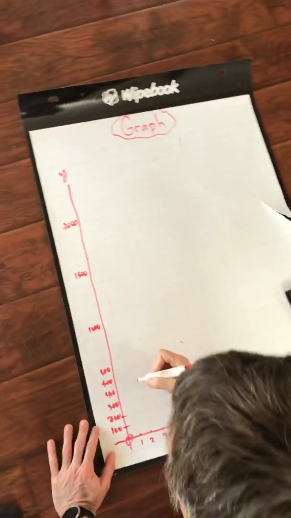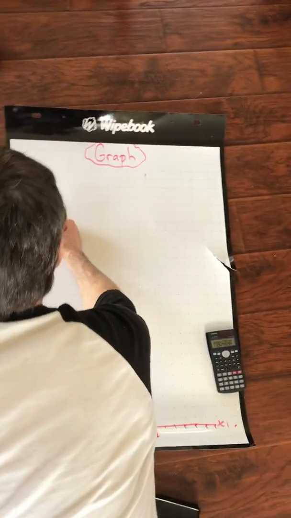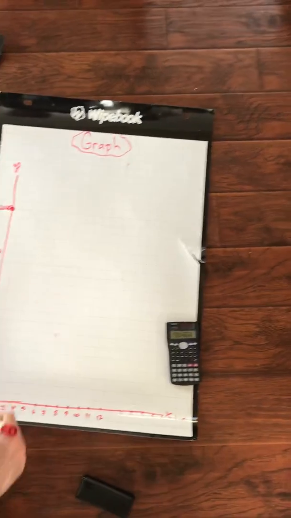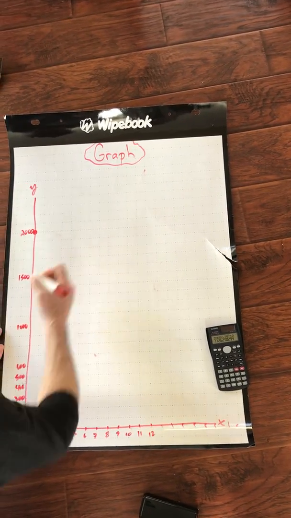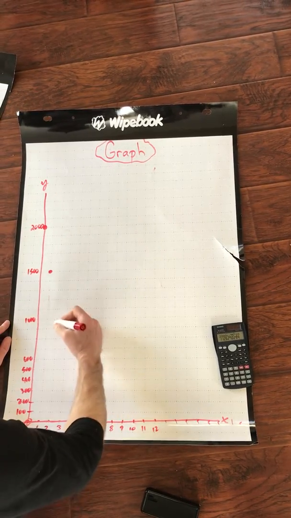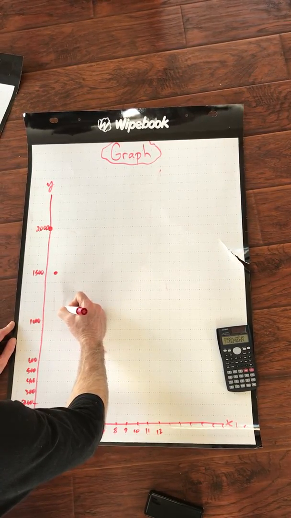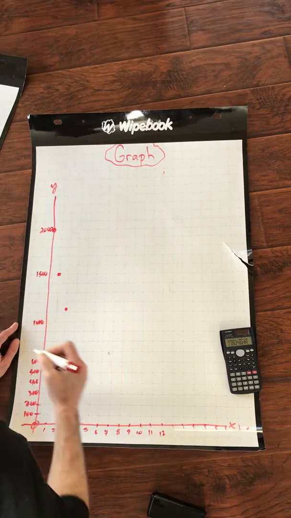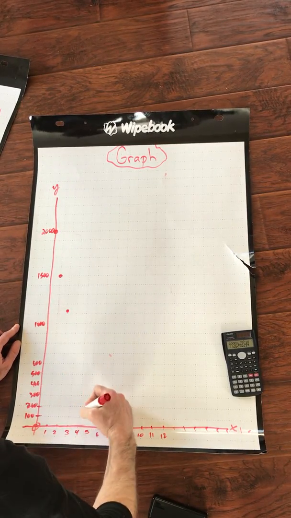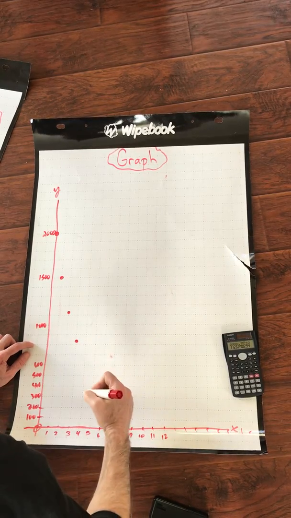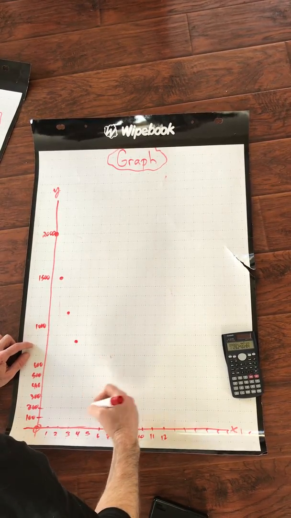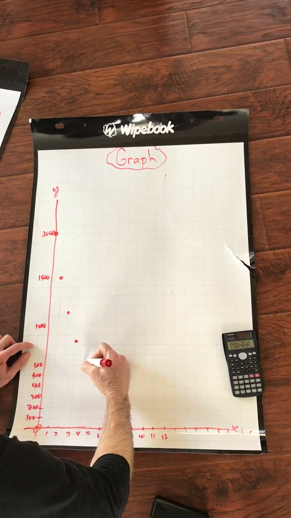All right, it starts off at 2,000 right here. After 1 week, we're at 1,500. After 2 weeks, we're at 1,125. After 3 weeks, we're at 843. After 4 weeks, we're at 632. There we go.